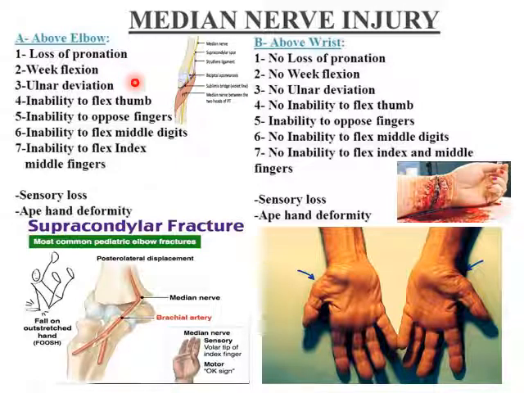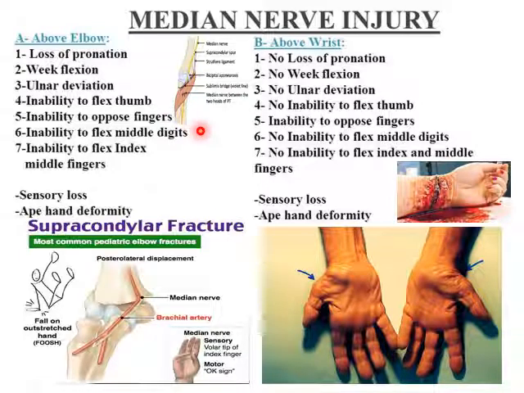There is ulnar deviation because of the unopposed action of the flexor carpi ulnaris and the extensor carpi ulnaris. Inability to flex the thumb because of the flexor pollicis brevis. Inability to oppose fingers because of the opponens pollicis which is affected.